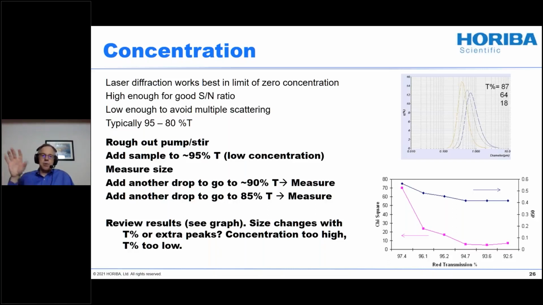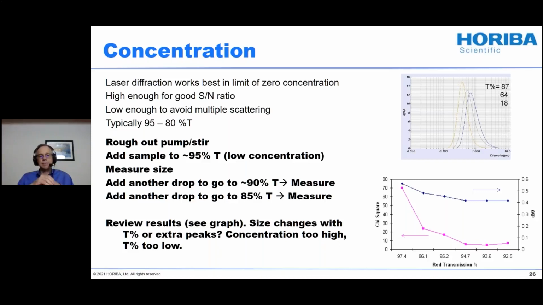So step 1 I've walked you through is to rough out the pumping and stirring. Now we know we have the system at least giving consistent repeatability with no settling. I'm going to clean the system out, refill it with just dispersion, and add sample to say 95% transmission. So just a fairly low concentration.